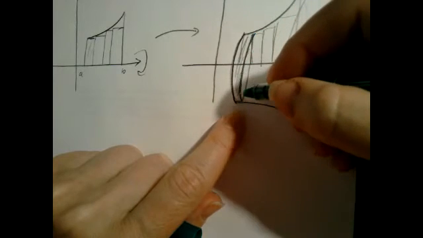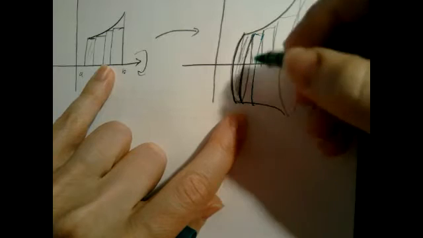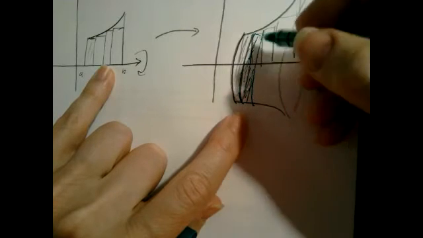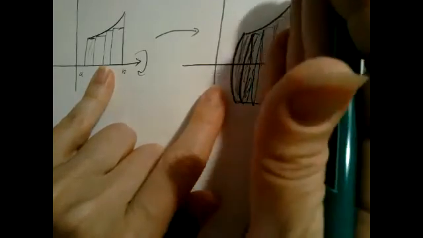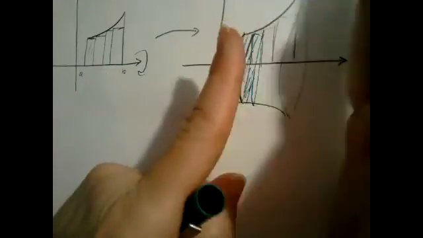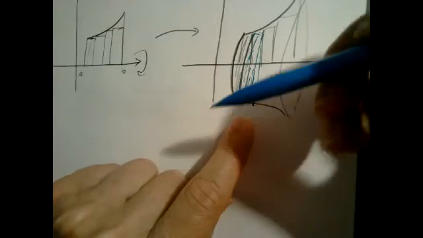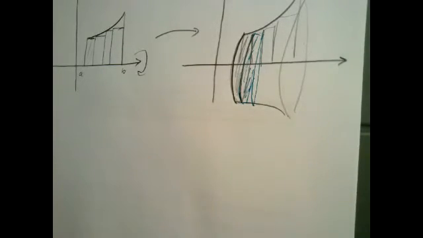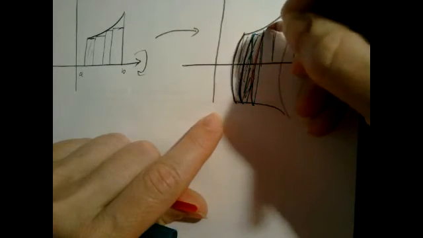When I rotate the second rectangle, I'm going to get another disk. This one will basically sit next to the first disk. Then I'm going to rotate that one. I'm going to change color to make the picture a bit clearer. I'm going to rotate the third rectangle.